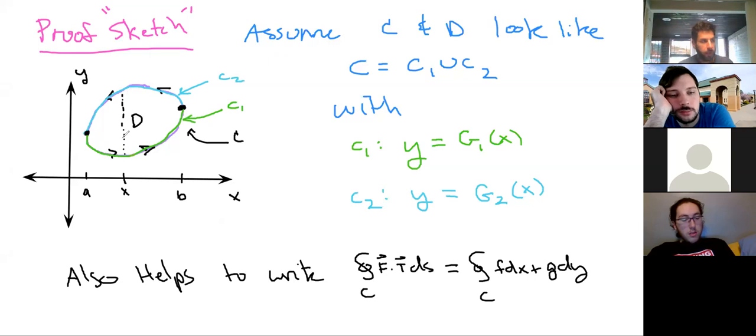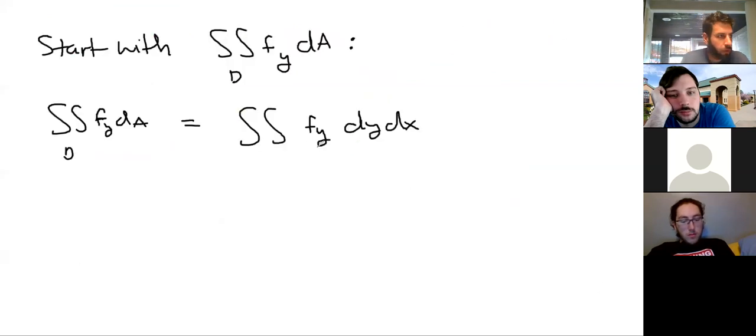So we'll integrate up first from this curve to the top curve. And then once we do that, we'll go from a to b. So what does that mean? That means that in this integral, we start at the bottom, which is g sub 1 of x, and this is g sub 2 of x, and then this is just a to b.